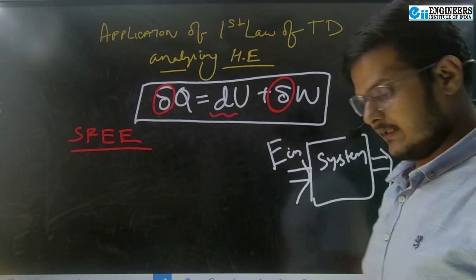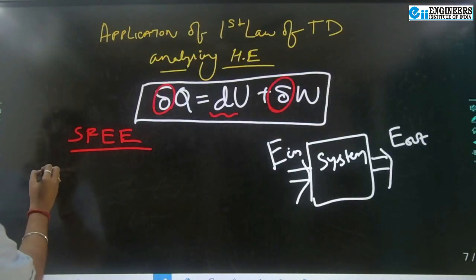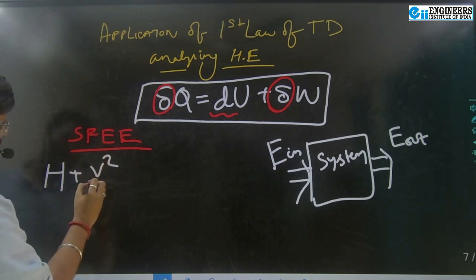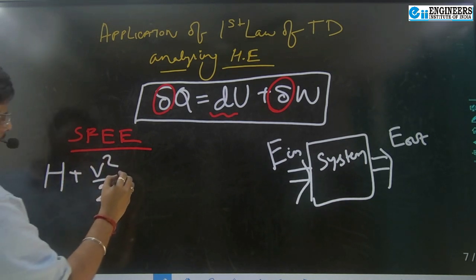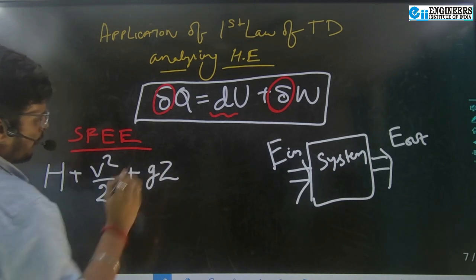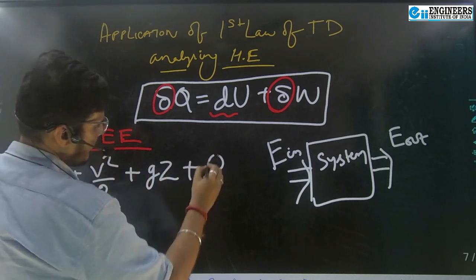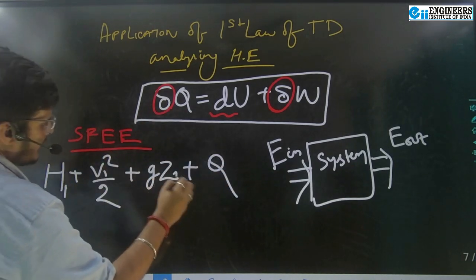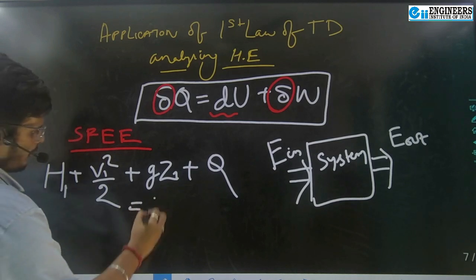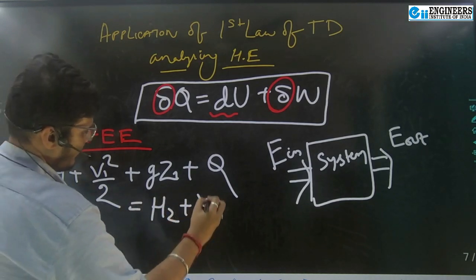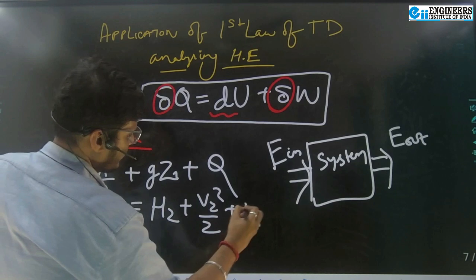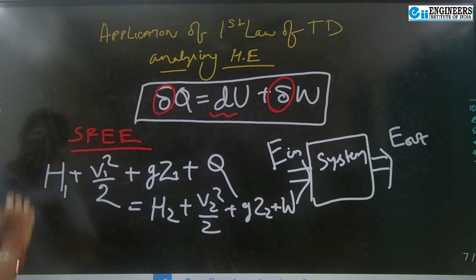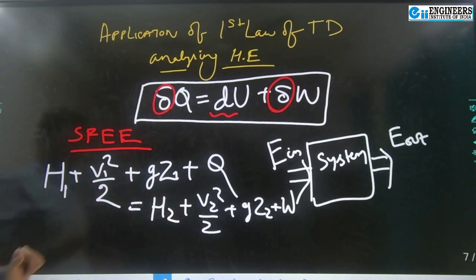I will express this in terms of an equation. First, H, enthalpy, plus V square by 2, kinetic energy, plus potential energy, plus Q, the heat given to the system. Suppose H1, V1, Z1, Q is equal to H2 plus V2 square by 2 plus gZ2 plus W. So this is what we understand from the steady flow energy equation.